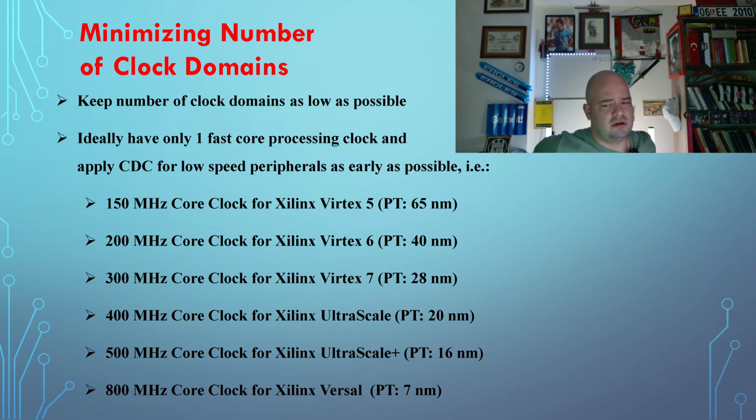For the newest generation adaptive system on chip modules, Versal FPGAs, SoCs, actually they are not FPGAs right now, they call them adaptive SoCs, their technology is 7 nanometer and an 800 megahertz core clock is achievable. So it is like a target plan.